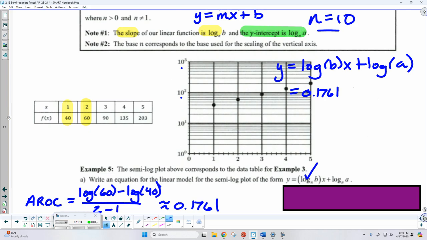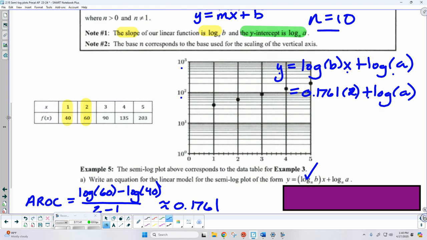Now what we have to do in order to find the log of a, we've got to use another point from the table. And again, because it's a linear function, it makes no difference which one we choose. Let's just use 2, 60. So in x, I'm going to substitute in 2, plus the log of a. Now, what am I going to set this equal to?